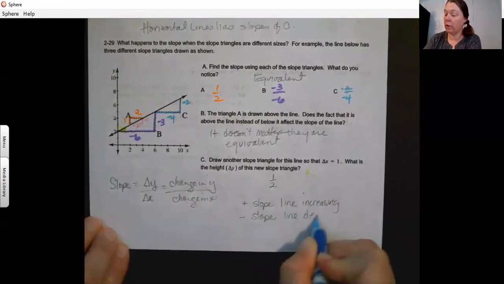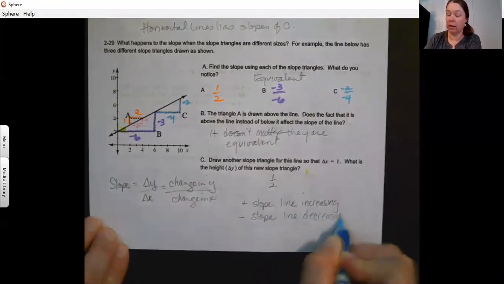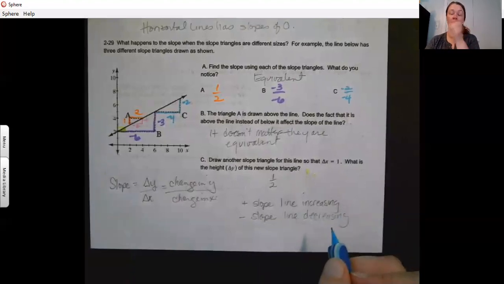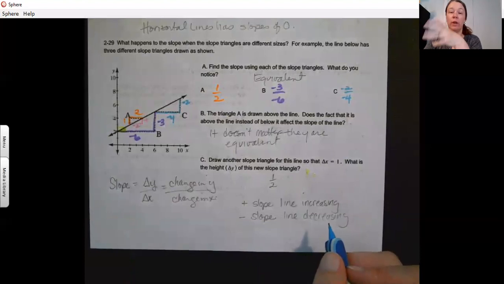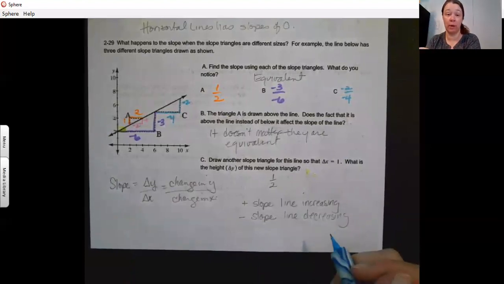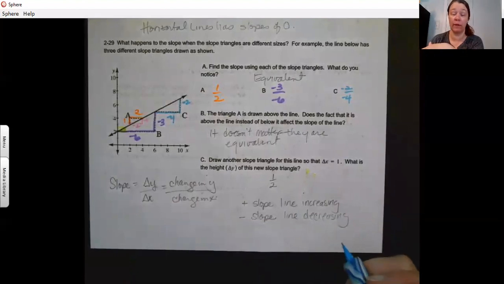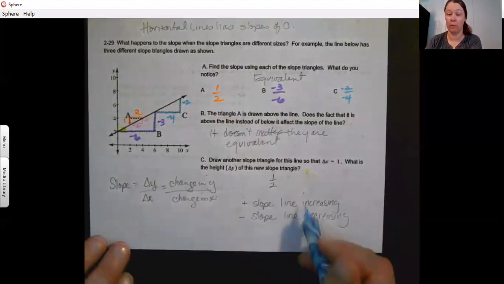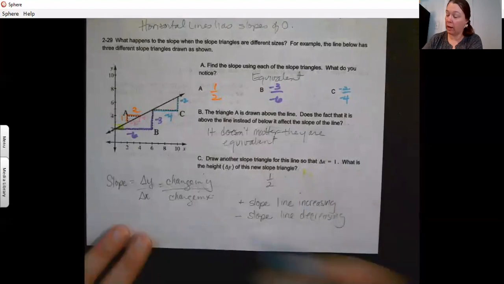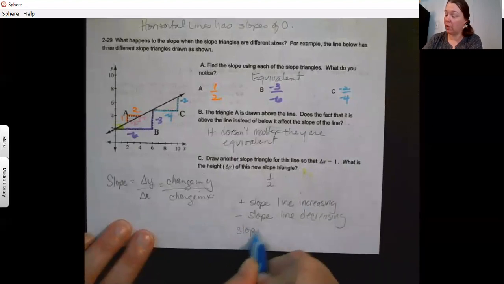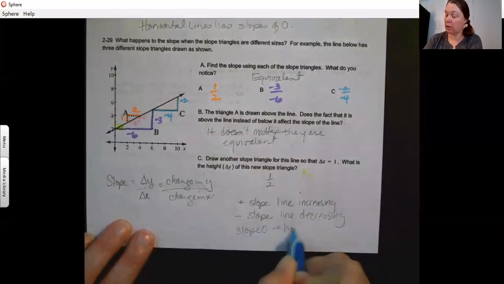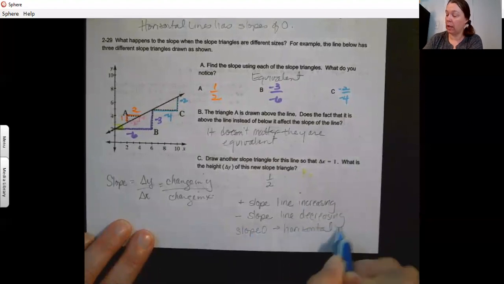Making note of this is a good idea, just to keep track of whether you're giving an accurate answer when you're describing slope. Once you figure out your value, you should look and say, okay, it's increasing. Did I say my slope was a positive number? Or it's decreasing. Did I make sure to think of it as a negative number? This is something really important to think about. And then if we have a slope of 0, that means we have a horizontal line.